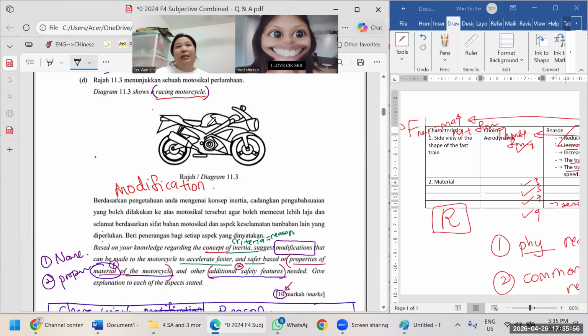Normally they will write like this is called the frame of motorcycle. If they just say material of the motorcycle, so you can say that frame. Can say the tire.